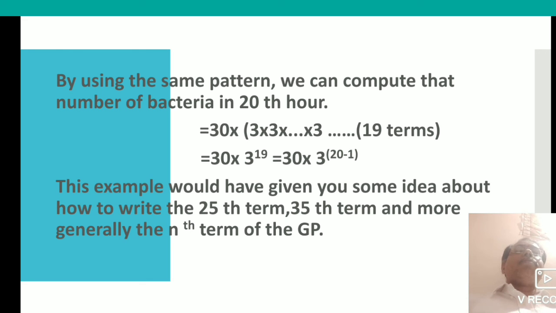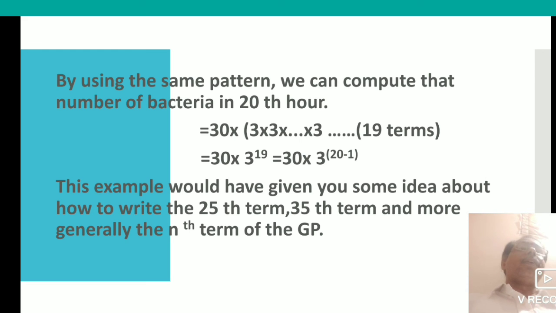So this example would have given you some idea about how to write the 25th term, 30th term, and more generally the nth term of the GP. So can you say the 25th term? Yes, the 25th term is equal to 30 into 3 to the power of 25 minus 1.